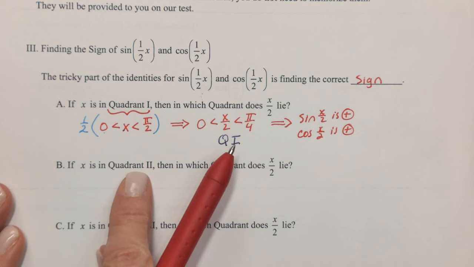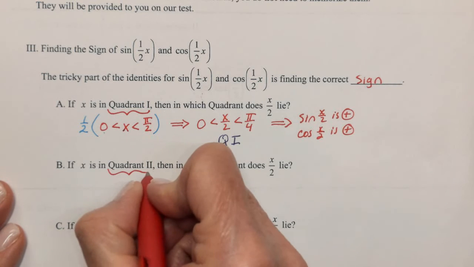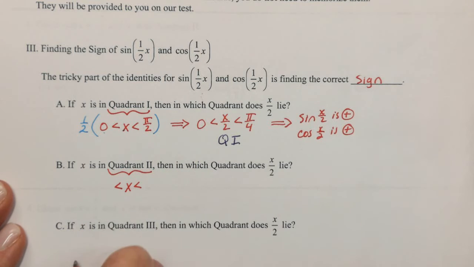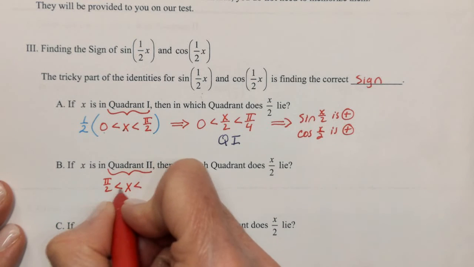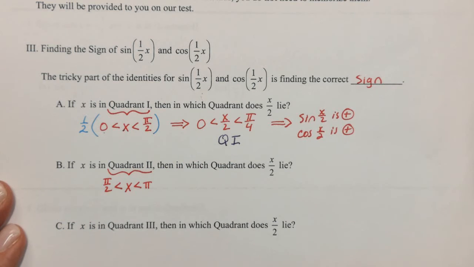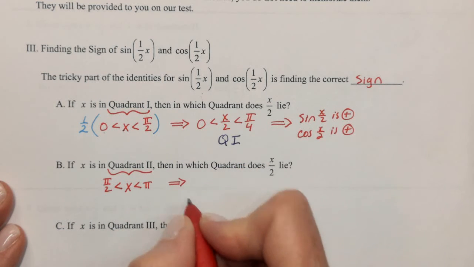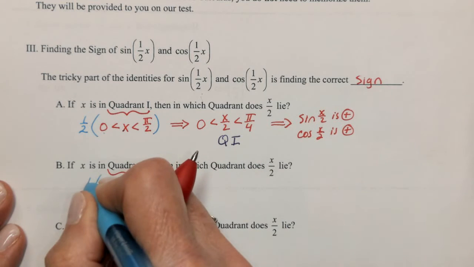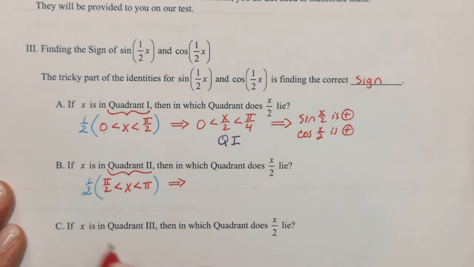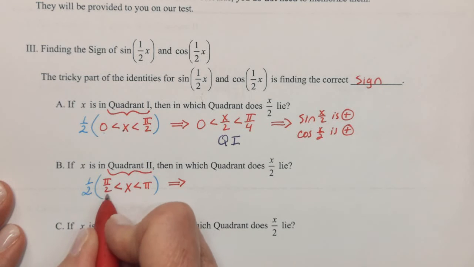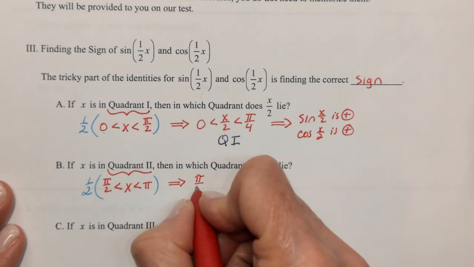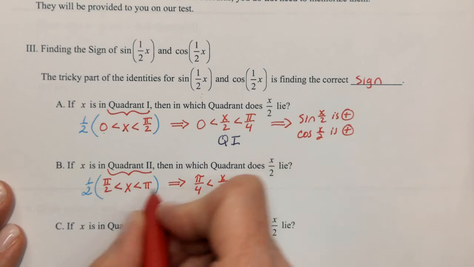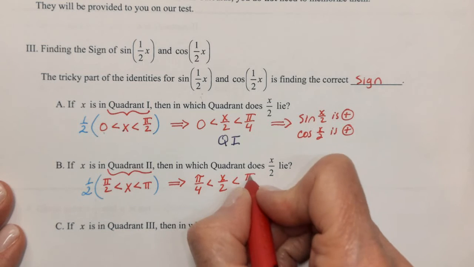What if they give us that x is in quadrant 2? Well, for quadrant 2, that means that x is between pi over 2 and pi. We'd like to know where x over 2 is, so we're going to multiply all three pieces by 1/2. 1/2 times pi over 2 is pi over 4. 1/2 times x is x over 2. 1/2 times pi is pi over 2.